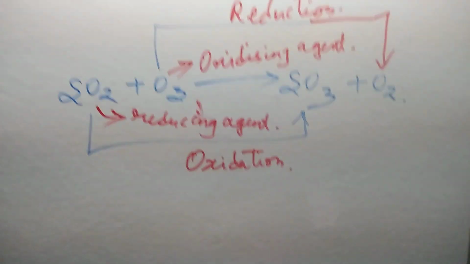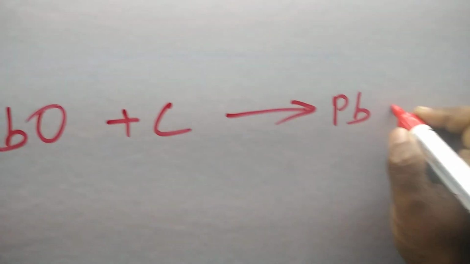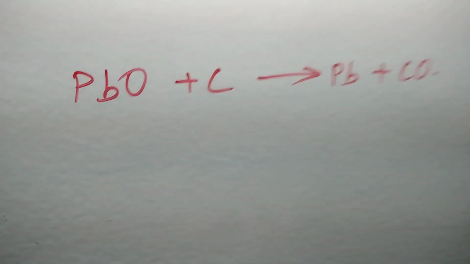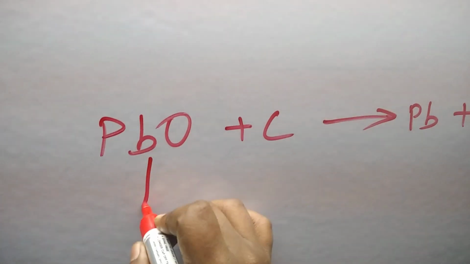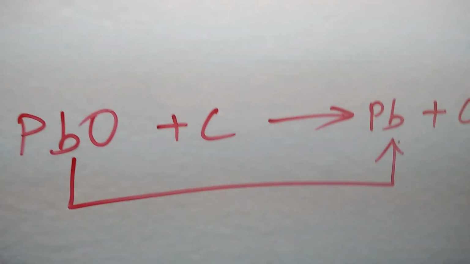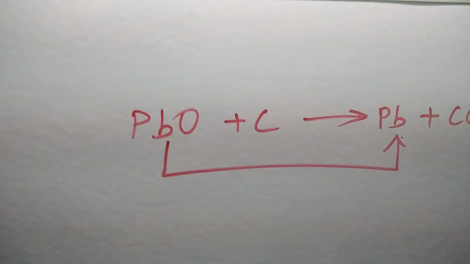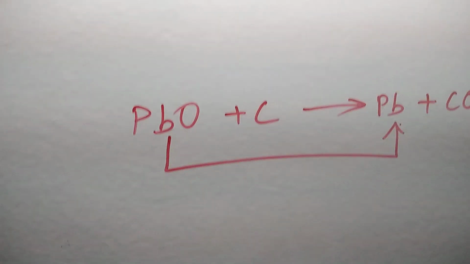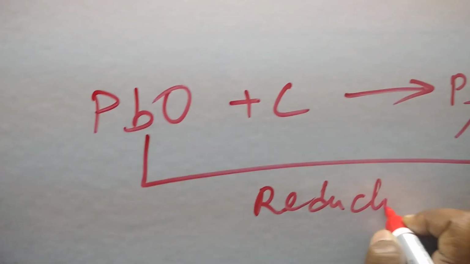Okay students, let's see another example. Lead oxide PbO, when it reacts with carbon, forms Pb plus carbon monoxide. Here PbO formed Pb, that means removal of oxygen, that is reduction.